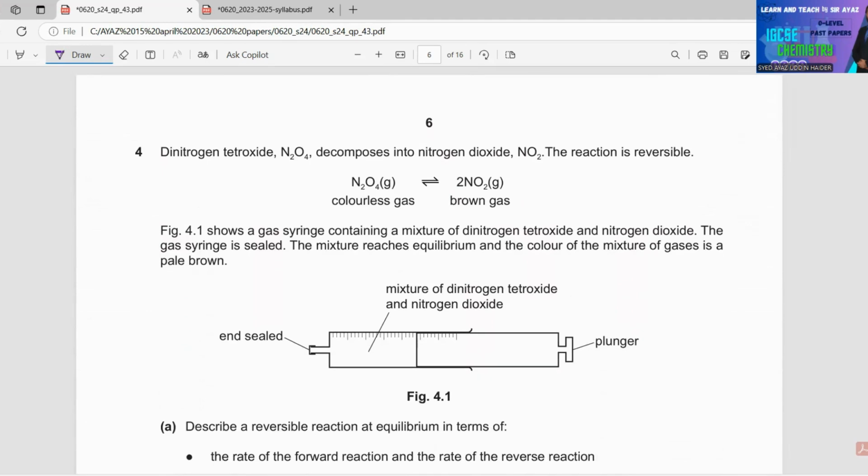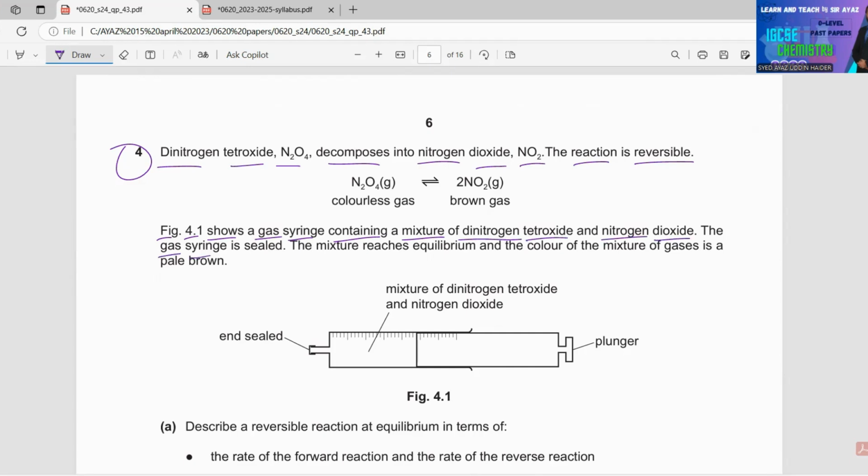Next question, number 4. Dinitrogen tetroxide, N2O4, decomposes into nitrogen dioxide, NO2. The reaction is reversible: N2O4(g), a colorless gas, reversible sign, 2NO2(g), a brown gas. Figure 4.1 shows a gas syringe containing a mixture of dinitrogen tetroxide and nitrogen dioxide.